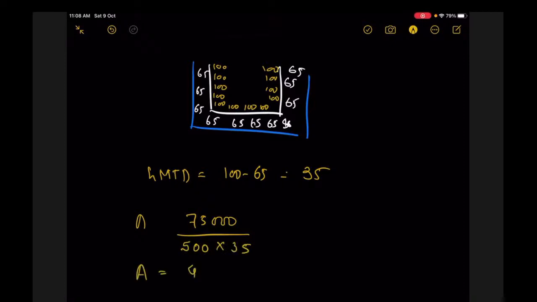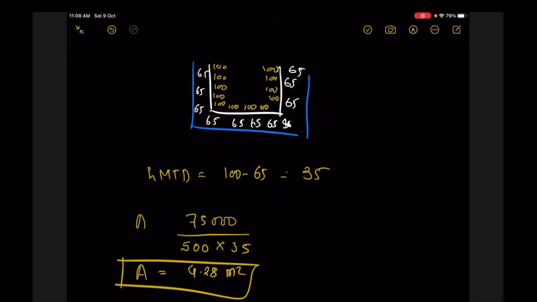So area is coming 4.28 meters square. Check it. Are you getting this answer or not? Check this.